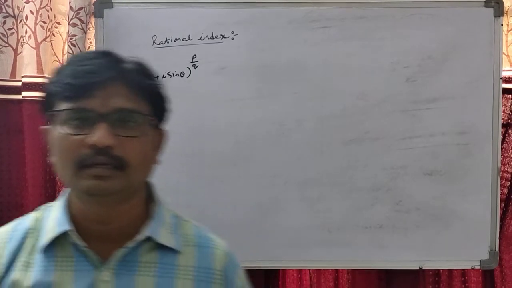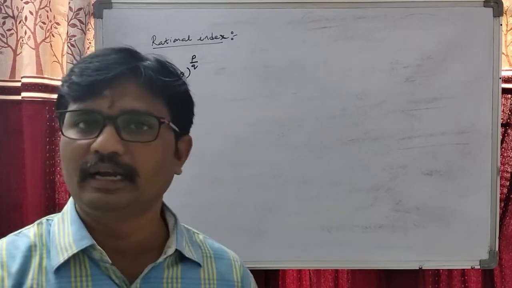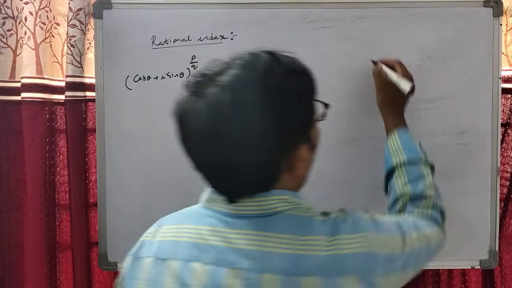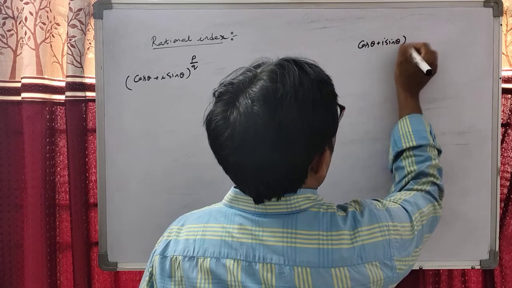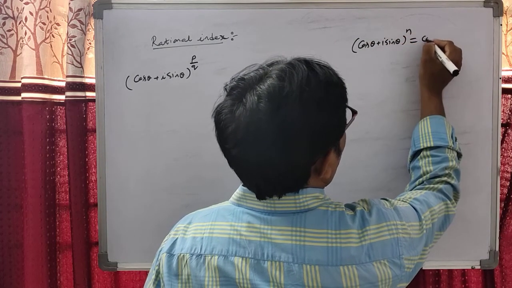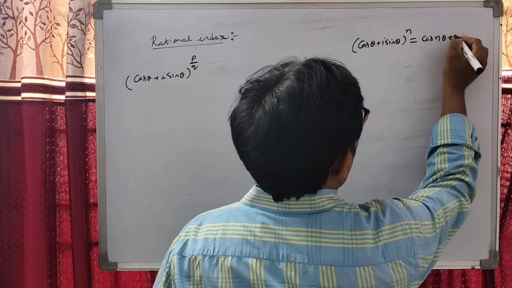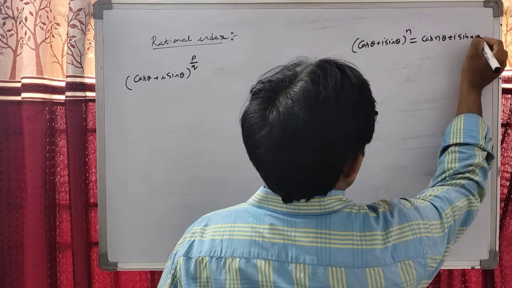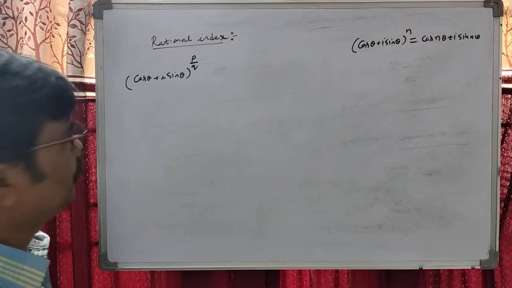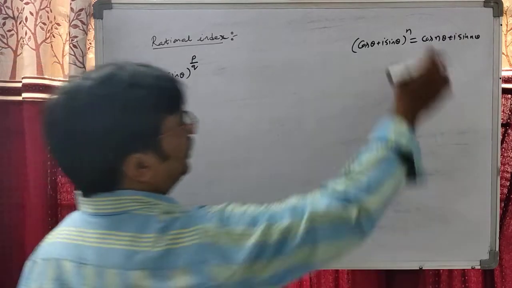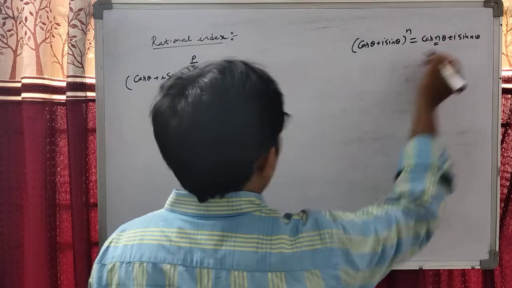My dear students, De Moivre's theorem with rational index. We have to know that (cos theta plus i sin theta) whole power n is cos of n theta plus i sin n theta, where n is an integer. Suppose n is p by q, how can you write this?